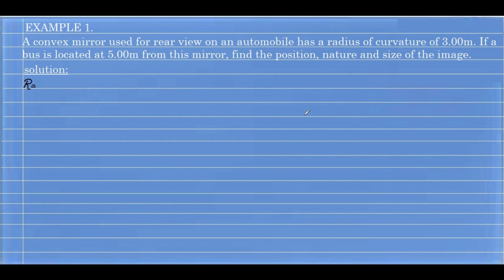Just as in your maths graphical representation, here this will be the positive x-axis and this will be the negative x-axis. This will be the positive y-axis and this will be the negative y-axis, right? This will be the pole point, that is the origin point, and the mirror will be placed here.